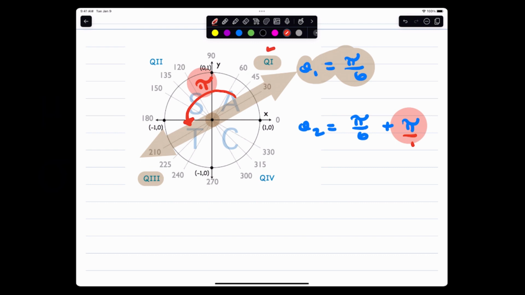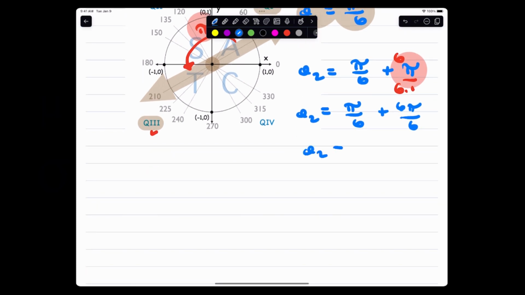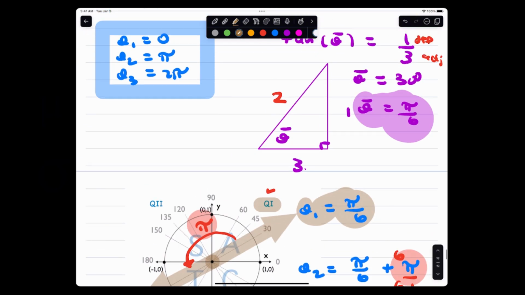Quadrant 1, Quadrant 3 are directly opposite, meaning I can just simply add that pi, and you know what will happen for that second solution? It's 7 pi over 6. And those are the two solutions for tangent theta being root 3 over 3. So, pi over 6, 7 pi over 6.